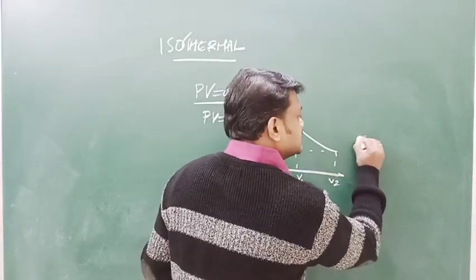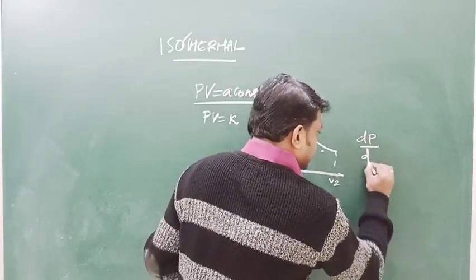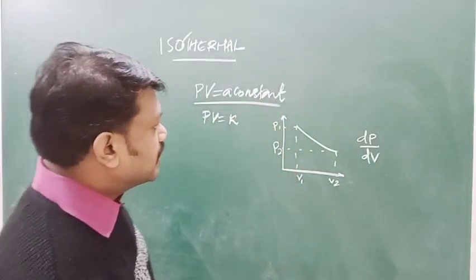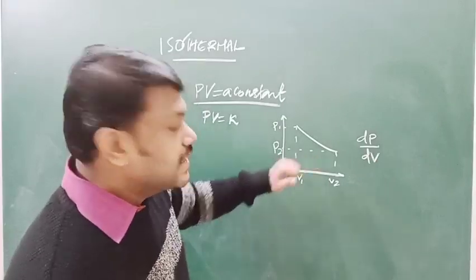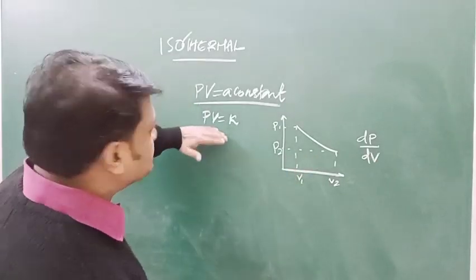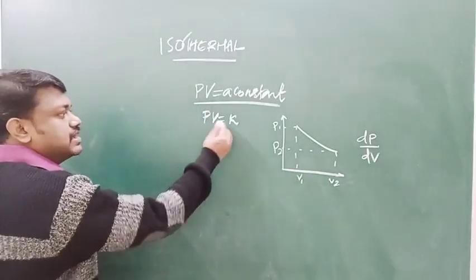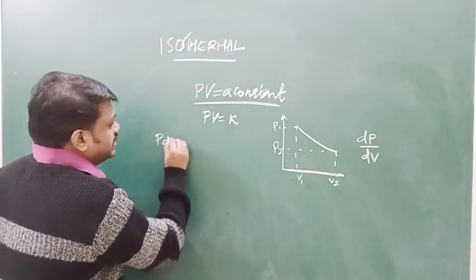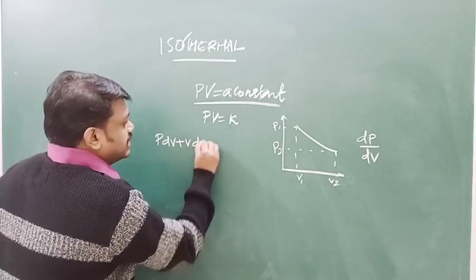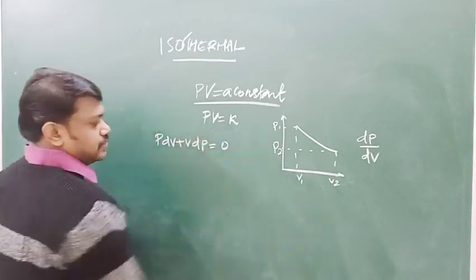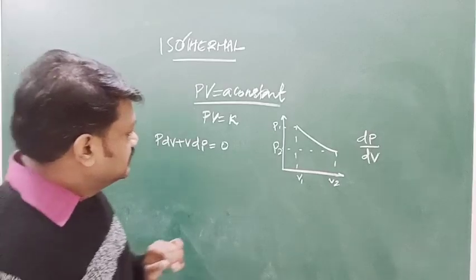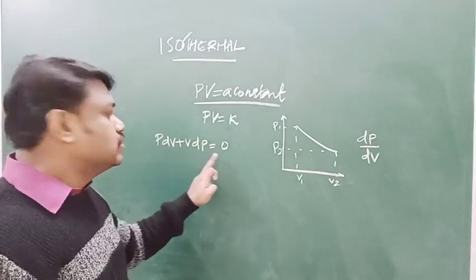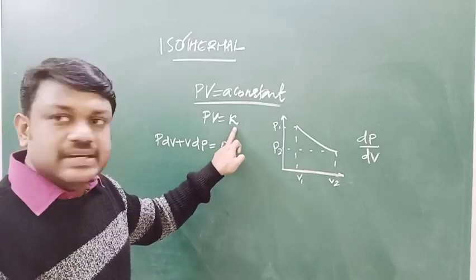Slope of this curve is the change in y coordinate divided by the change in x coordinate, dP by dV. You have to find out what is dP by dV for an isothermal process. For that you can make use of this equation, that is PV equal to a constant. If you differentiate this equation, using the product rule, we get P into dV plus V into dP equal to 0, since the differential of a constant is 0, that you know.